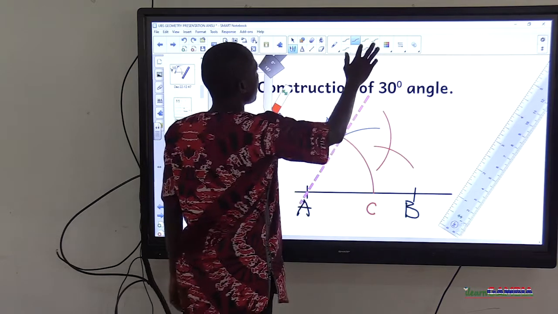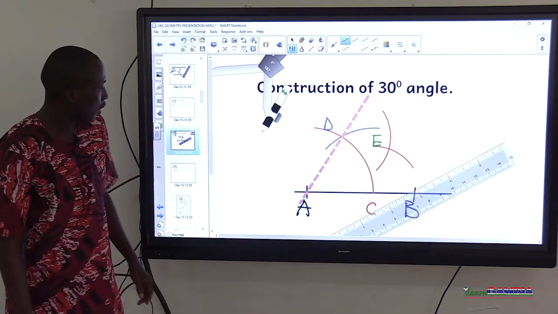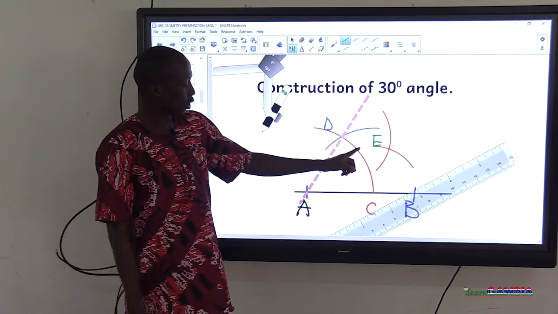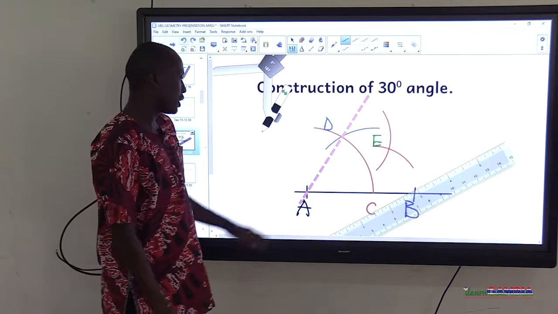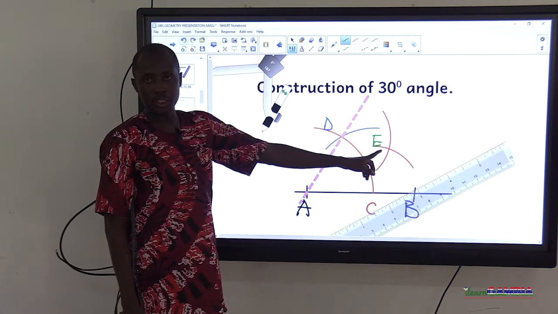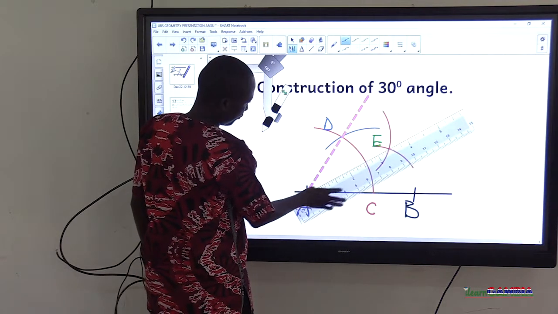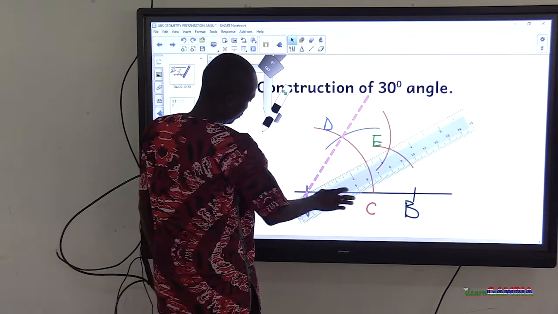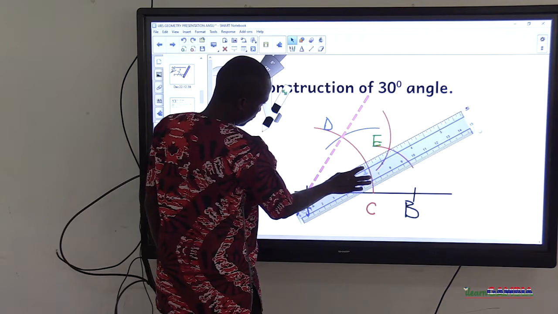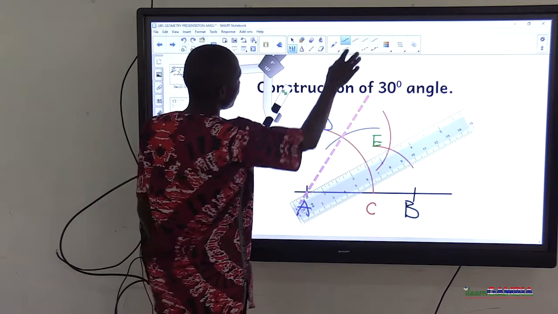We can call that point of intersection point E. Then we take our ruler and join point A to E, and draw a straight line there.